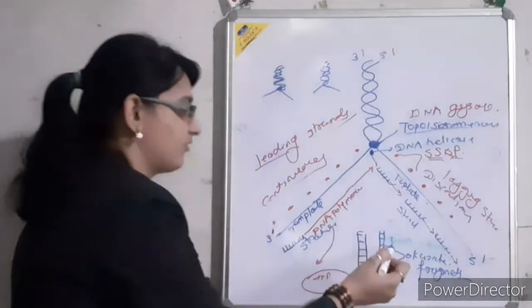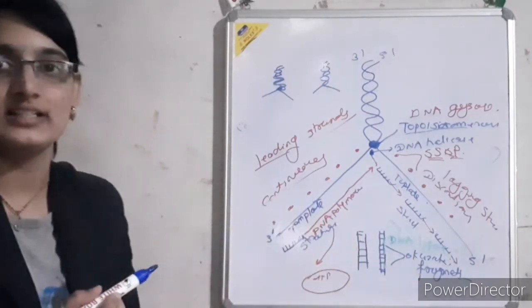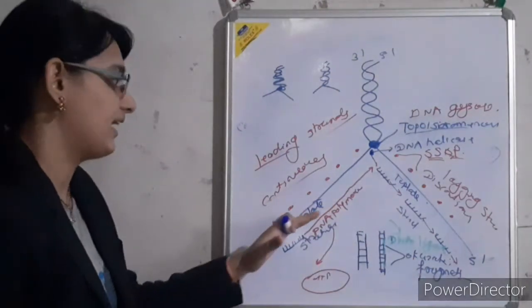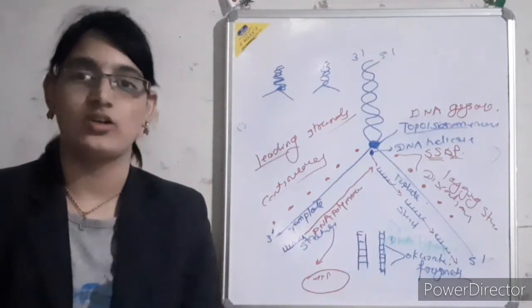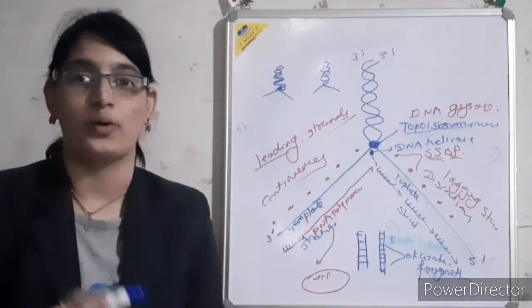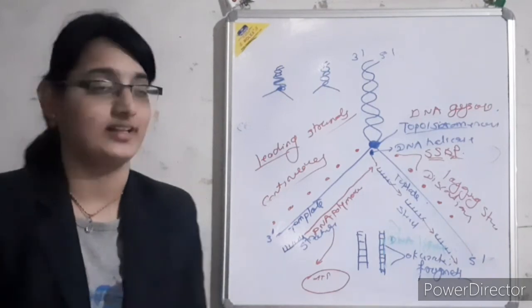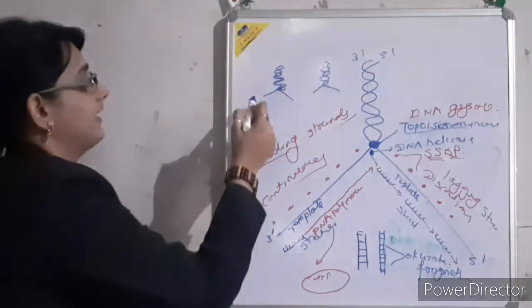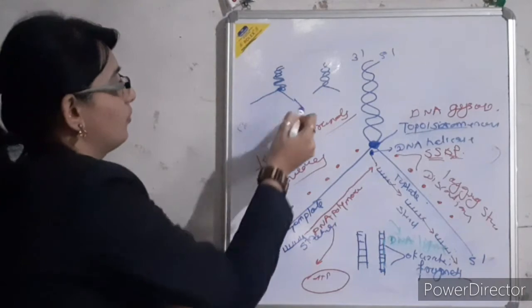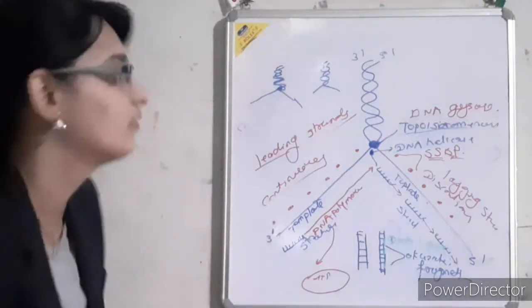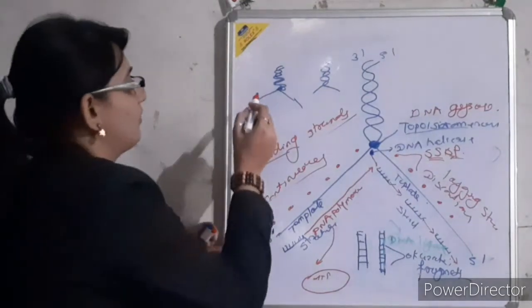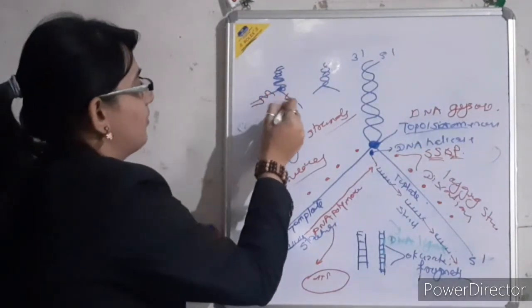Now after the activity of DNA ligase, both strands undergo coiling and cause the formation of two daughter DNA molecules from the single DNA molecule. That is, one parental DNA molecule will form two daughter DNA molecules.